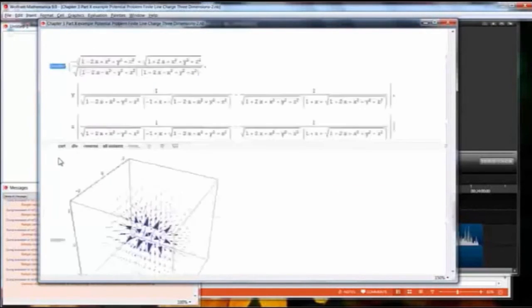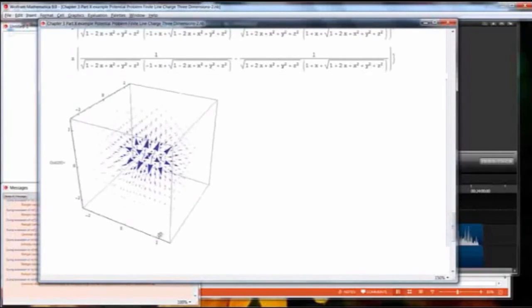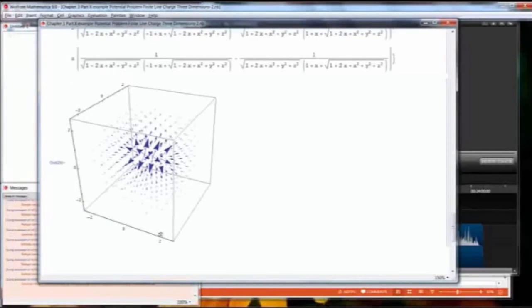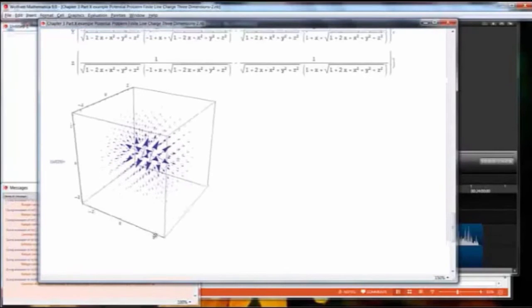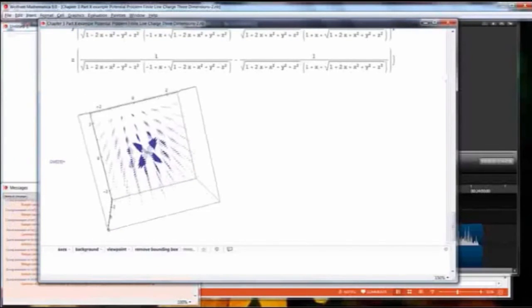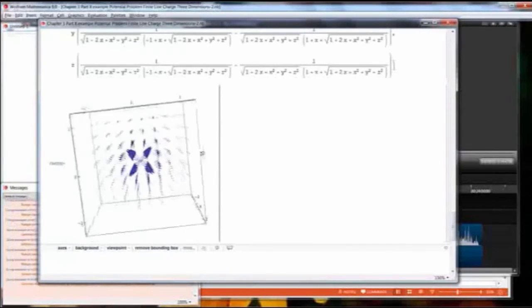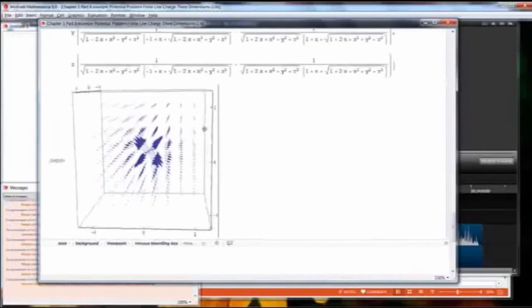So Mathematica makes an attempt to show that, and the reason that this is so hard to show is because the intensity or the length of these vectors falls so quickly. So this is what it looks like. Let me just look down the line, towards the line charge, which is right in the center here, and rotate it so it looks a little bit normal.